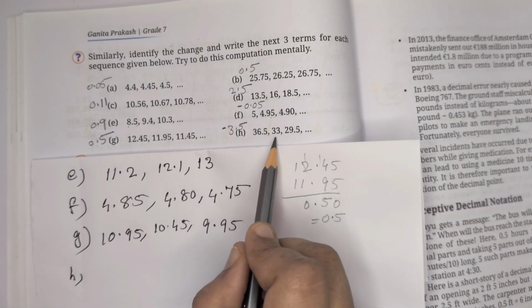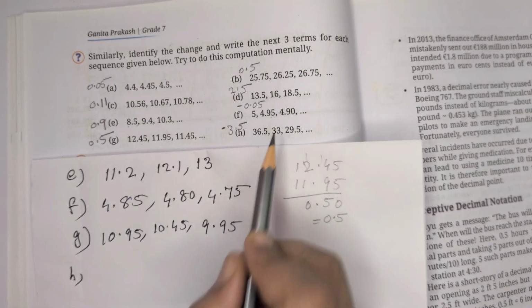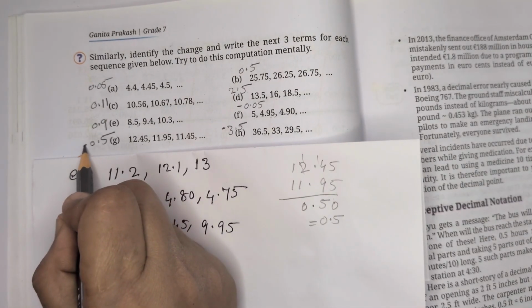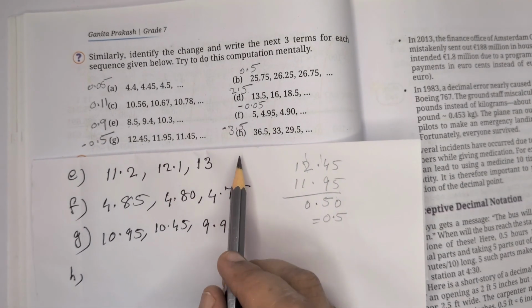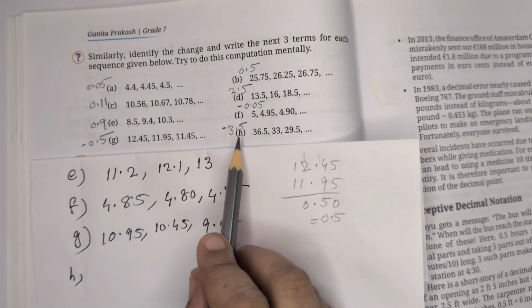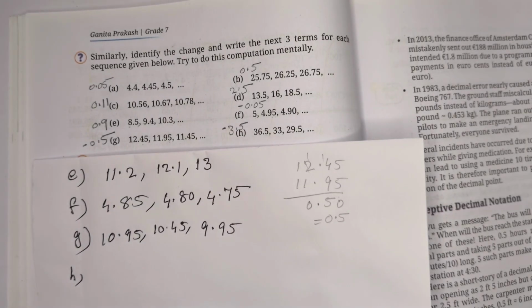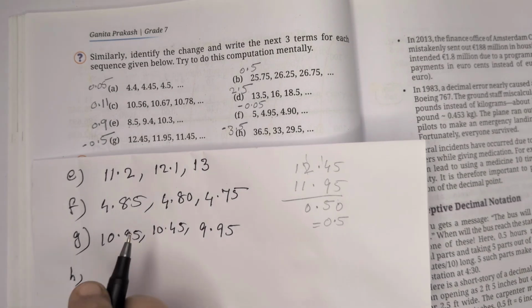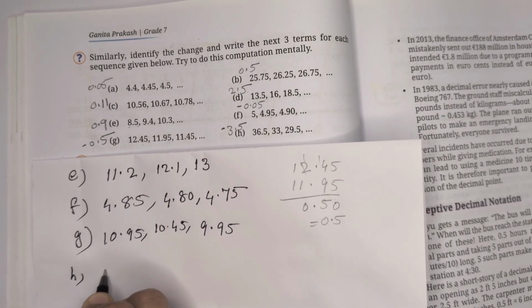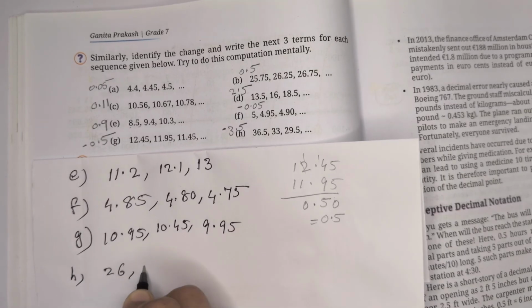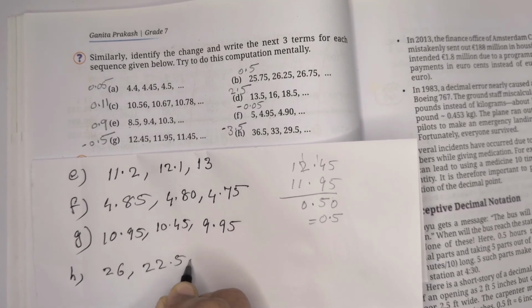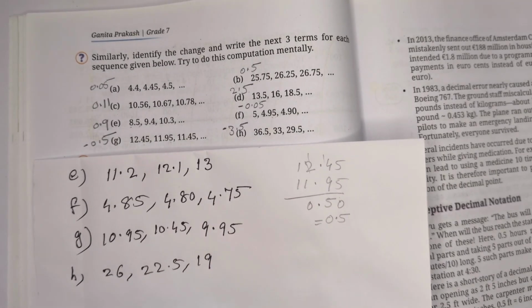This we can also represent by a negative sign. So 36.5, 33, 29.5, then 29.5 minus 3.5, we will get 26, 22.5, 19. So these are the next three terms of the sequence.